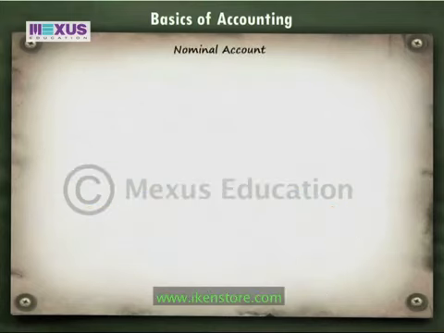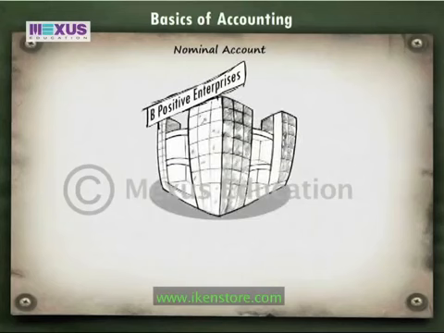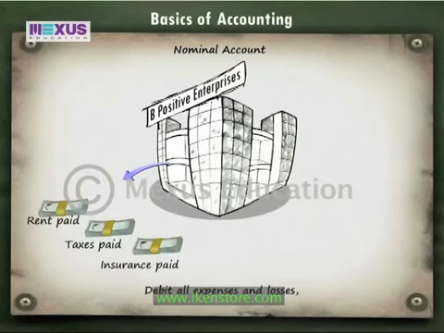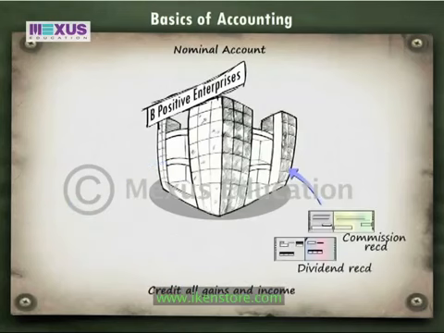Nominal account: debit all expenses and losses, credit all gains and income.